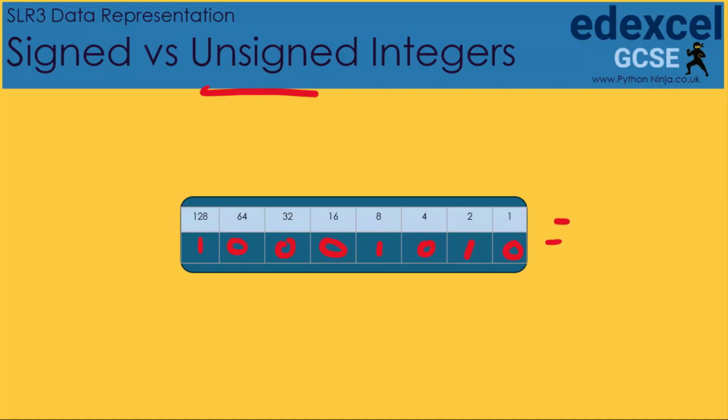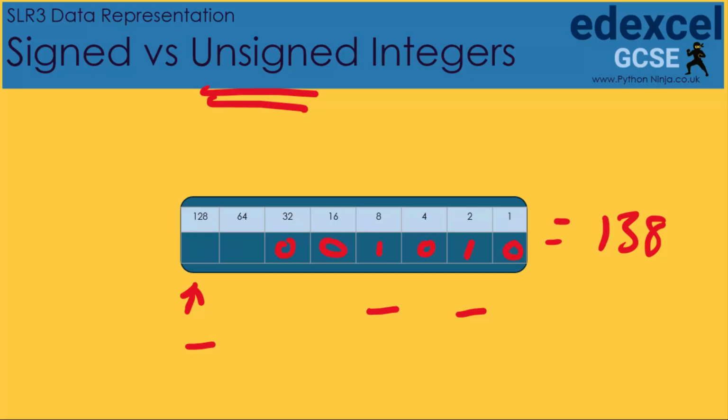Answer in 3, 2, 1. Okay, so it's an unsigned integer, so this is not an MSB. So it's 128 plus 8, which is 136, plus 2, 138. So the answer is 138. It's a positive number.